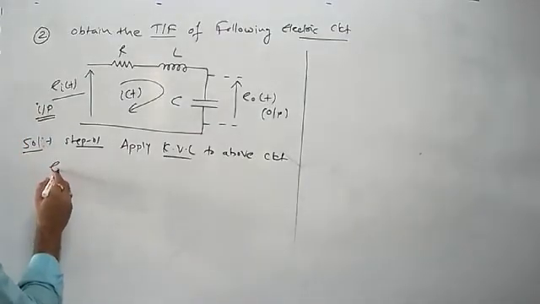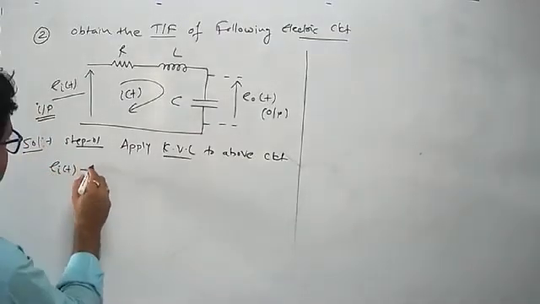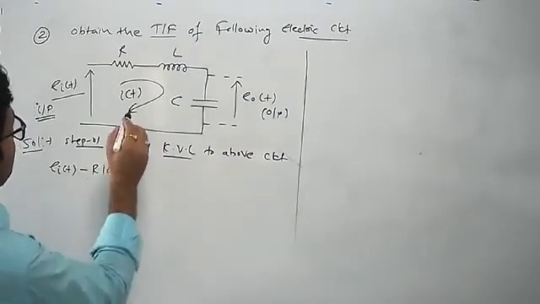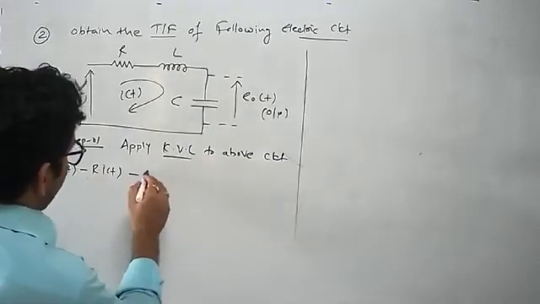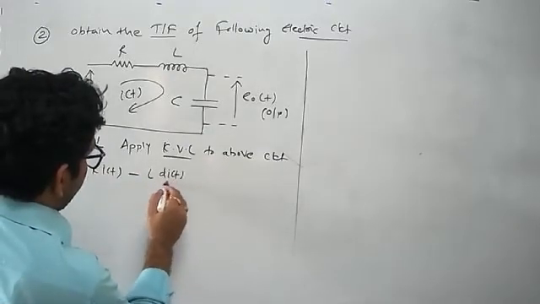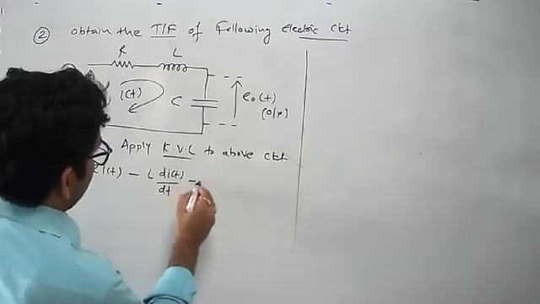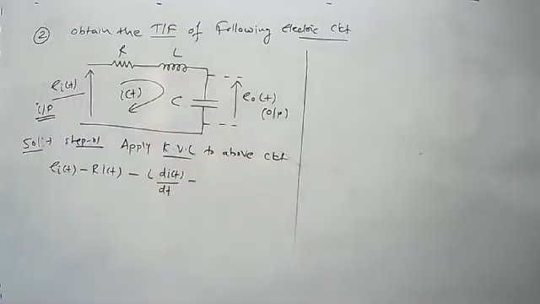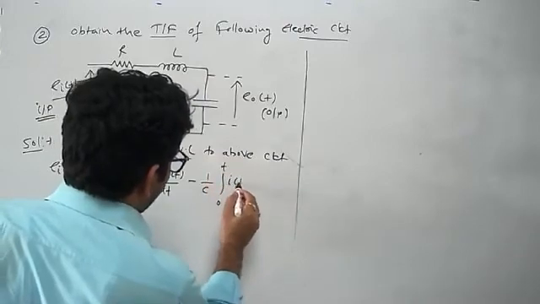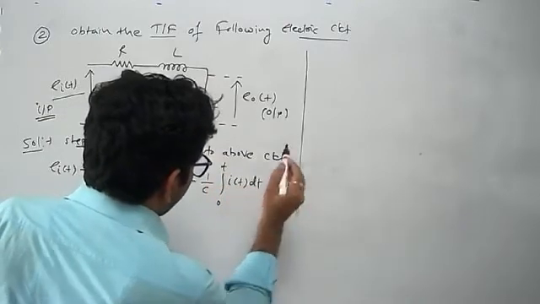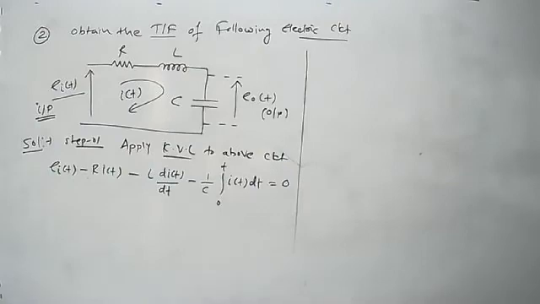So we can write here EI of t minus R into I of t minus voltage drop across the inductor, L di of t by dt, minus voltage drop across the capacitor, which is 1 upon C integral 0 to t I of t dt, which is going to be equal to 0.